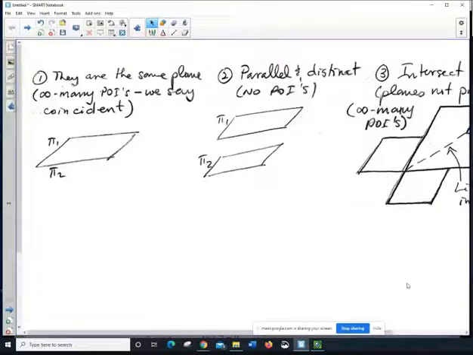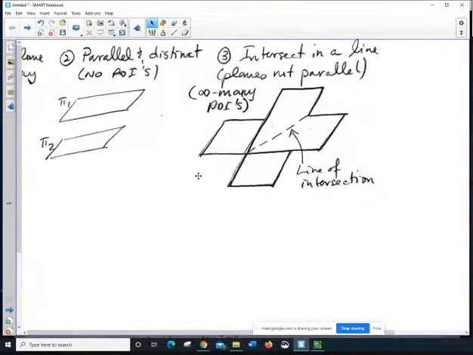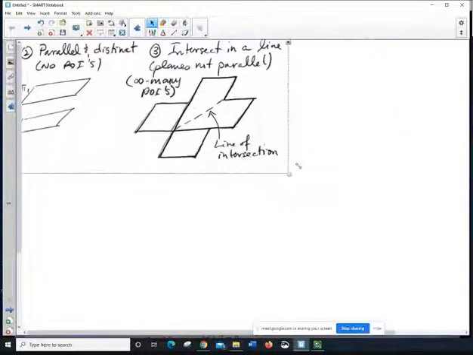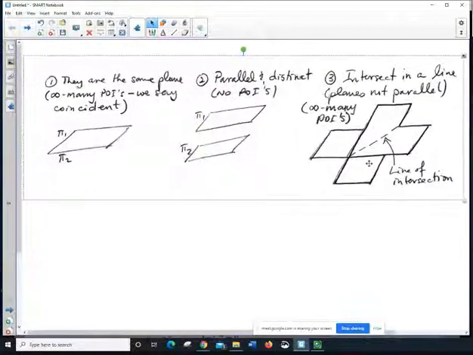In this case, where the planes are not parallel, you automatically have a line of intersection. So there's infinitely many points of intersection, and you're going to have to look for the equation of a line.